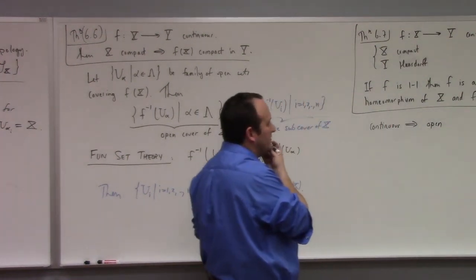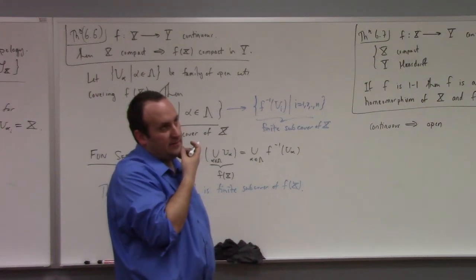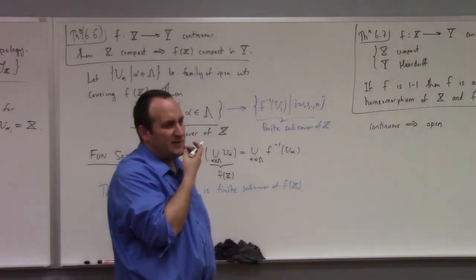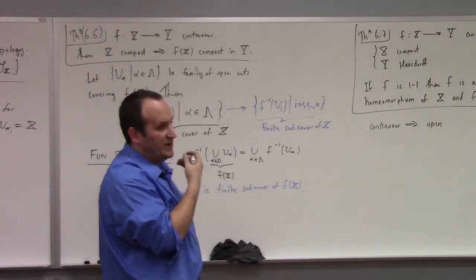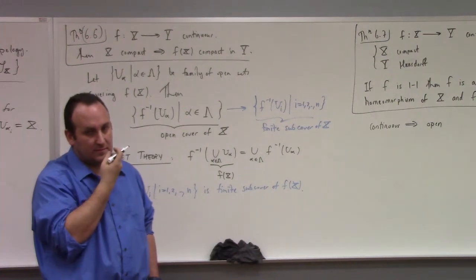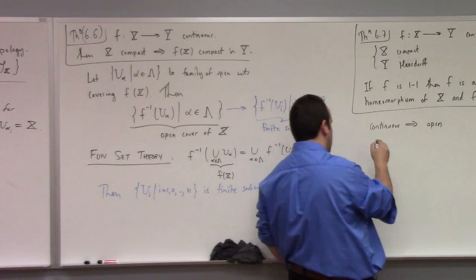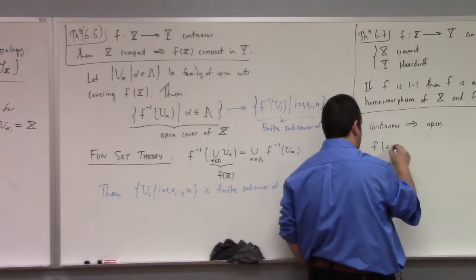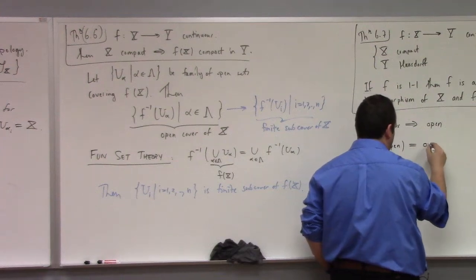I think open is equivalent to continuity of the inverse if it exists. I mean, the data given here means the inverse function exists. So f of open being open, so to speak.